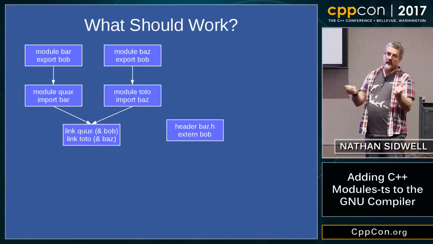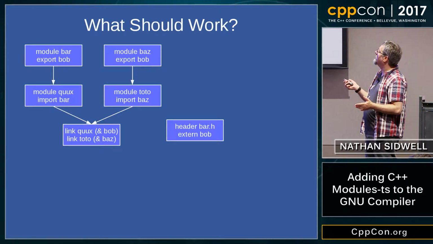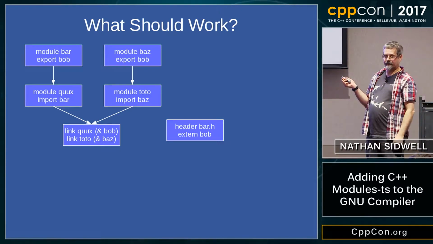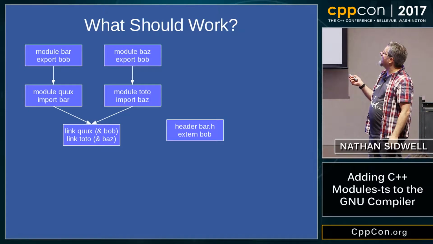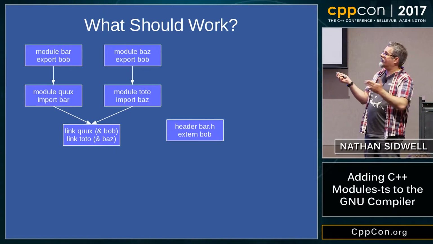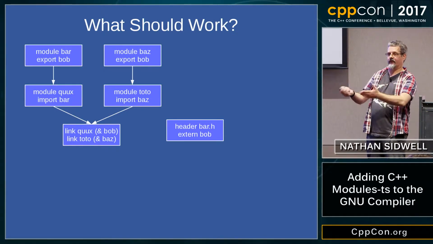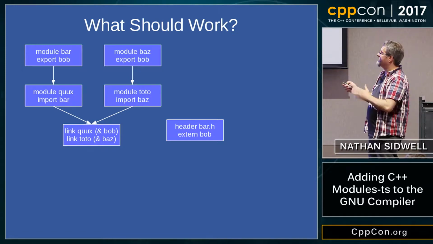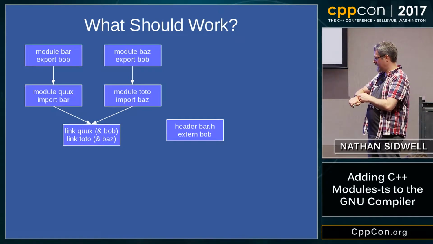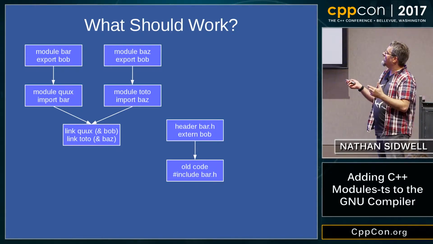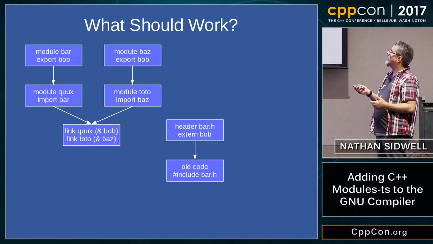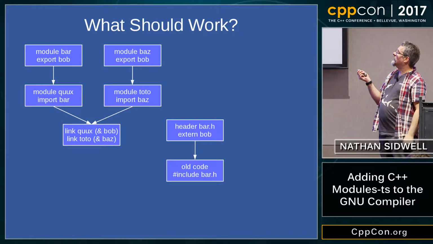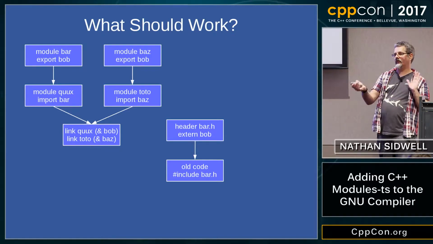Next motivating example is this one. We've got a header file with extern bob. It declares a bob, and somewhere it also provides an object file with a bob in it. I haven't shown that bit. Old code uses the header file and calls bob. Then the authors of this header file decide, well, we'll turn it into modules now.